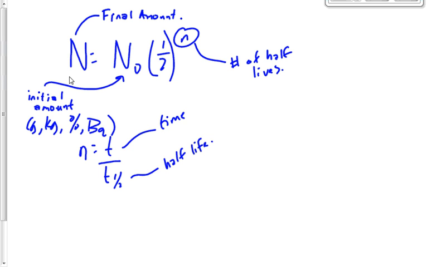Divide the total by the amount for one. The total time divided by the time for one half-life. It's the number of half-lives. No units are associated with that because it's just a number. How many fingers do you have? 10. Not 10 something. It's just 10. It's just a number.